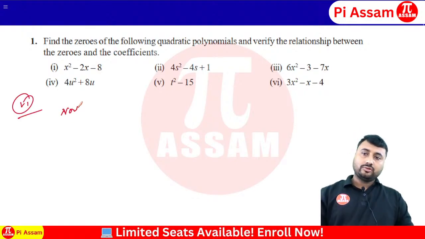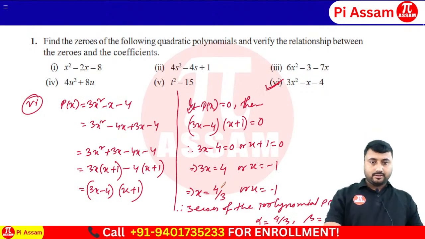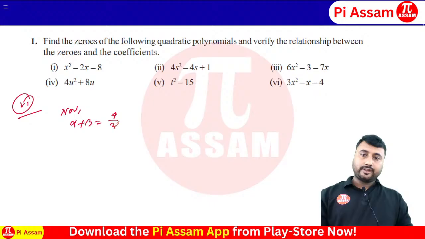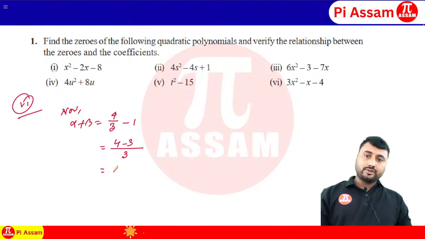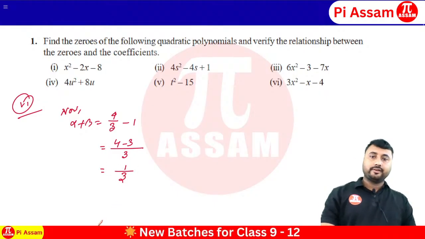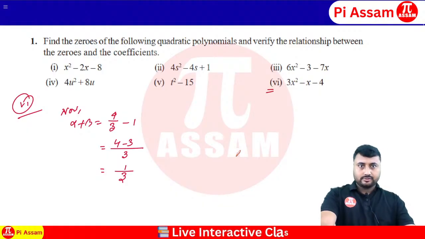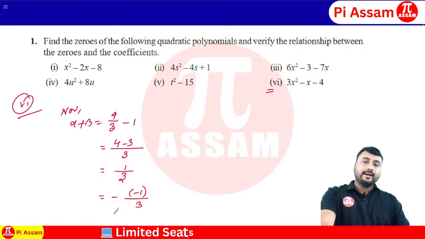So now alpha plus beta will become 4 by 3 and minus 1. So which is equal to taking 3 as common, 4 minus 3, which is equal to 1 by 3, right? So 1 by 3. Like this one now, which is equal to minus of minus 1 by 3. So minus and minus will be plus, divided by 3.